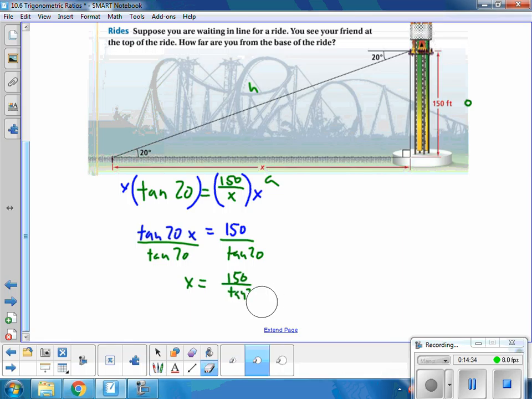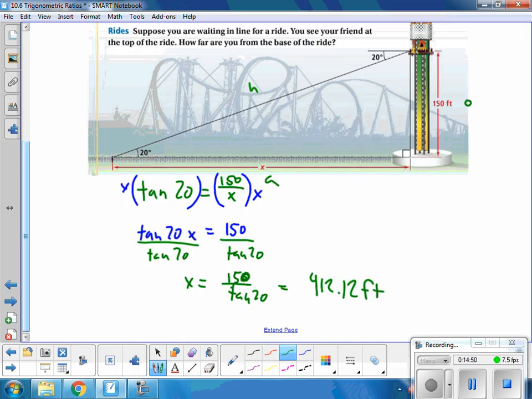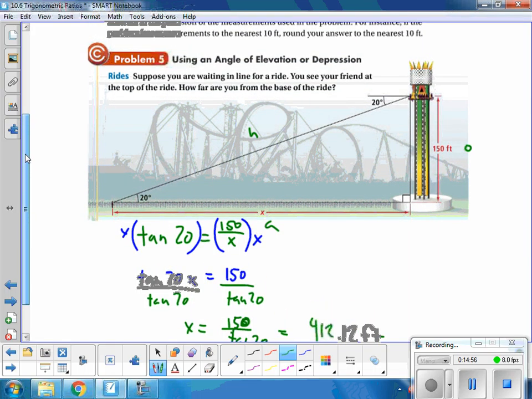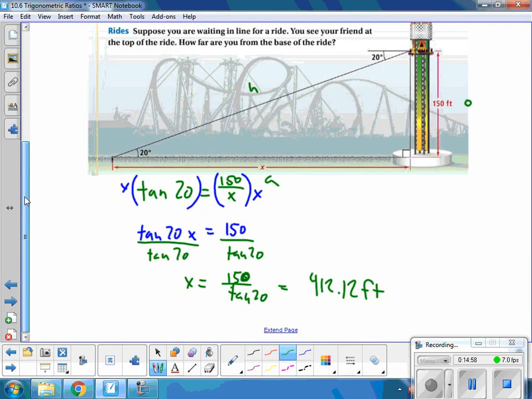Okay, if I type it in my calculator and I set my calculator to read degrees, I can see that x equals 412.12 feet. And I think it asks me for rounding. If I round to the nearest 10, then I'm going to about 410. Yep, round to the nearest 10 feet. So 410 feet about.